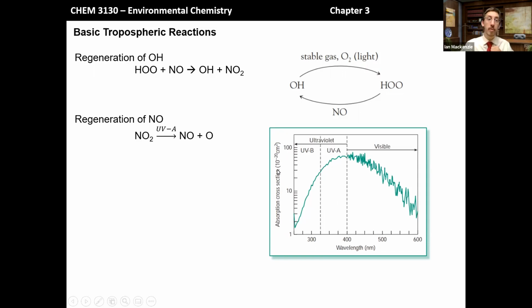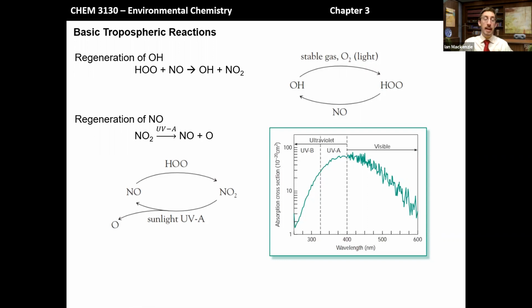And when NO2 absorbs UVA light, it undergoes a photochemical dissociation to split back into nitric oxide and liberate a free oxygen atom. And so if we look at just the nitrogen species, there's also a catalytic cycle for NO and NO2. Take nitric oxide, react it with hydroperoxy radical to generate NO2, which is then photochemically regenerated back to NO.